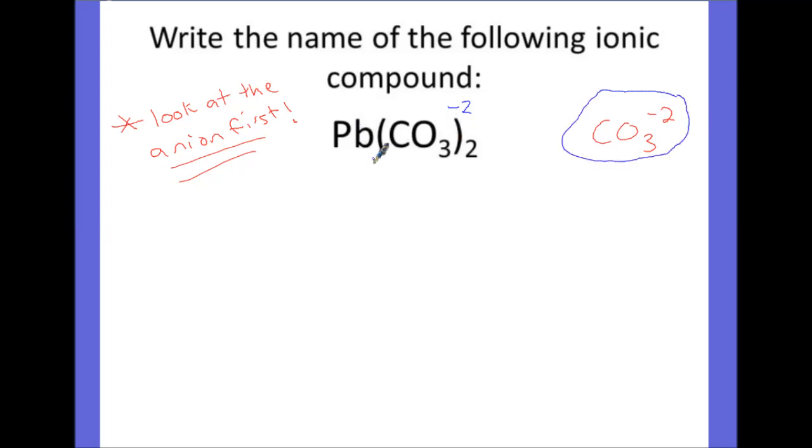If there is kind of a 1 down here, and when I bring it up here I multiply it by 2, that means that's a +4. So this is actually lead 4 carbonate. Not lead 2 carbonate.